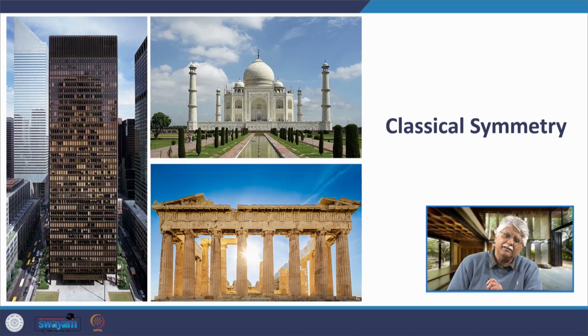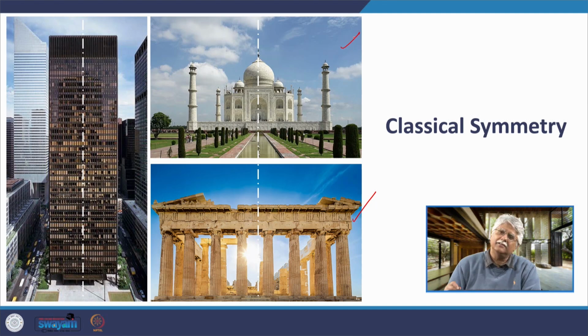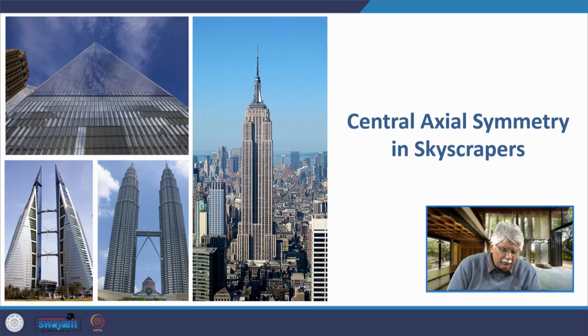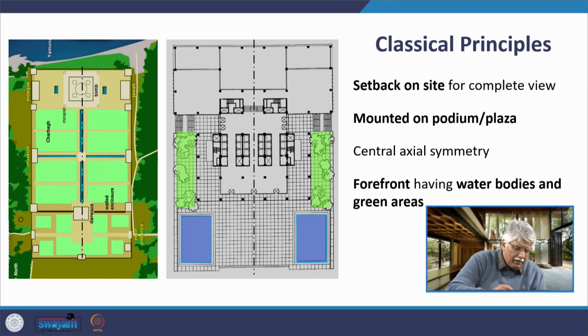This building has classical symmetry, as you find, for example, in the Greek temple, or in the Taj Mahal. If you compare the site plan of the Taj Mahal and the site plan of the Seagram Building, you find the same strong axial symmetry in both of them.